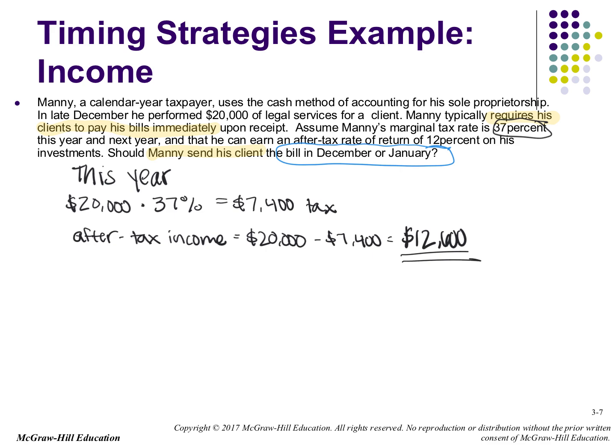Let's take a look at next year, so January. We still have that same $20,000 that Manny is trying to receive. Marginal tax rate is still 37% next year.